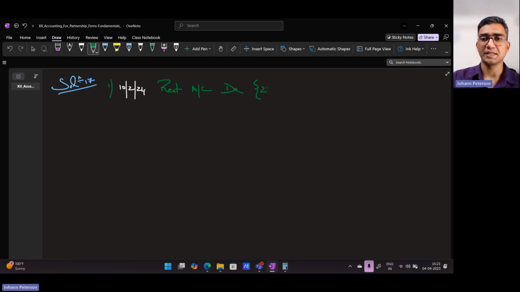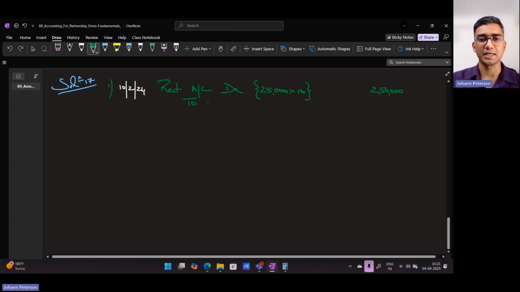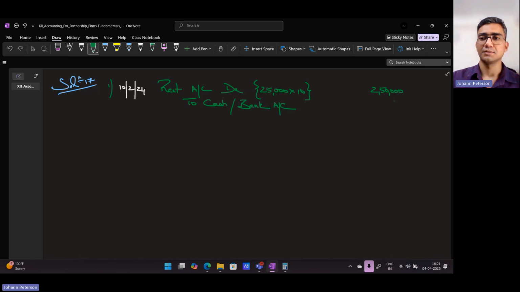We were told 25,000 per month and 10 months it was paid for, so that made it 2,50,000, to cash or bank because we have paid it. Amount is 2,50,000. Narration being rent paid.